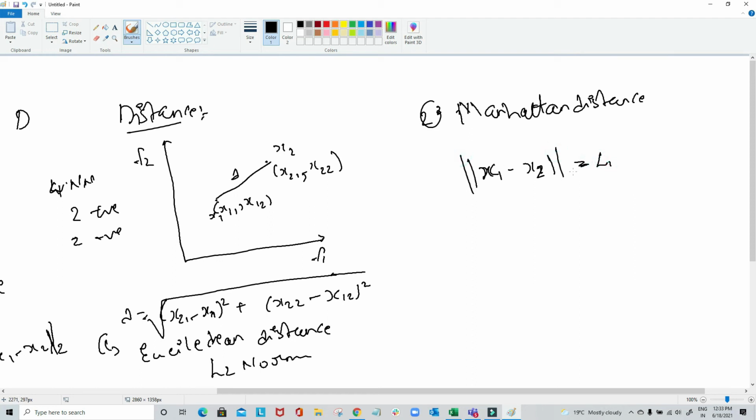Essentially, L1 norm is nothing but the absolute value of the distance measurement. So this is the absolute value of x2i minus x1i, and summation, basically, i equals 1 to n.